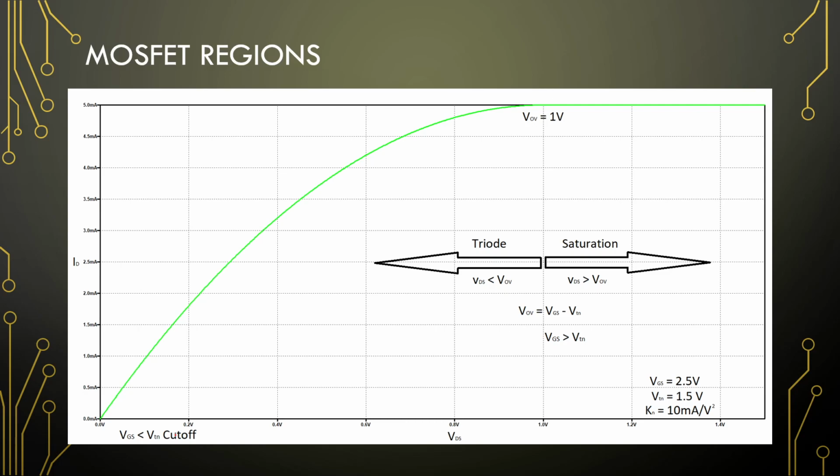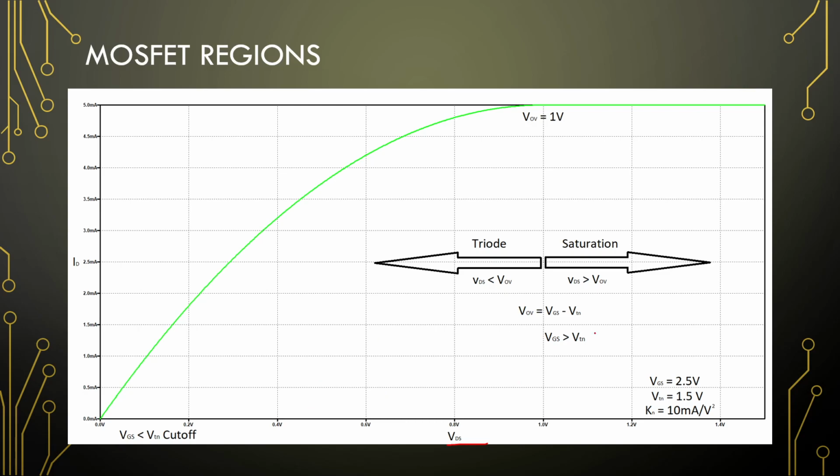It will be off. Right. So as we increase our VGS voltage, our amplifier will be in this triode region right here. But for this characteristic, they were adjusting the drain source voltage and keeping the VGS fixed.